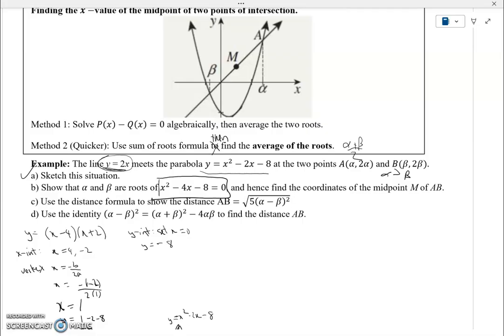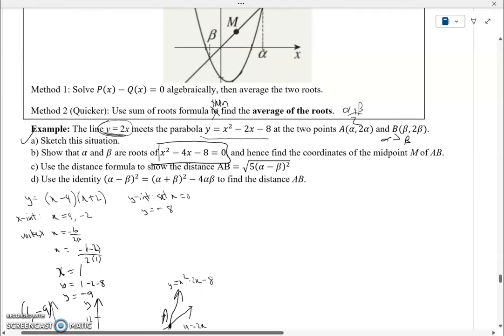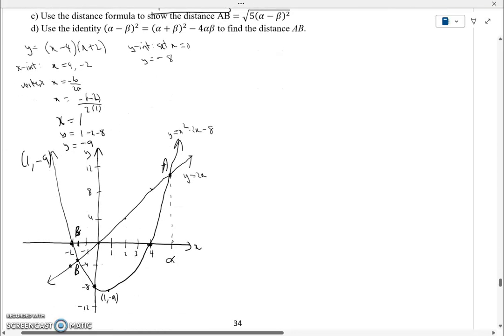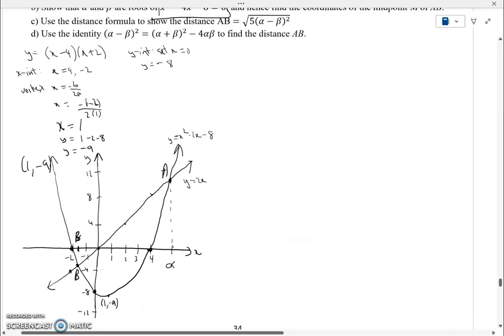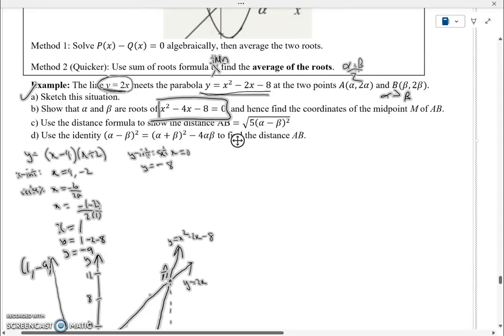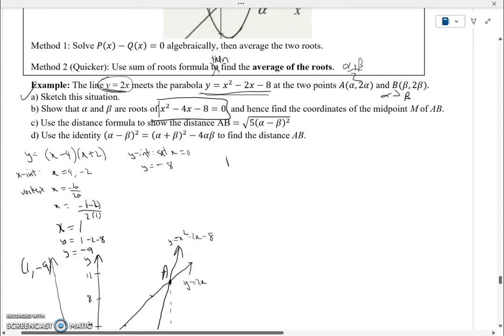Okay, part (a): show that alpha and beta are roots of this equation. Hence, find the coordinates of the midpoint M of AB. So first thing, I'm after the points of intersection. So I'm going to set these two equations equal to each other, the right-hand side. So I'm looking for points of intersection.